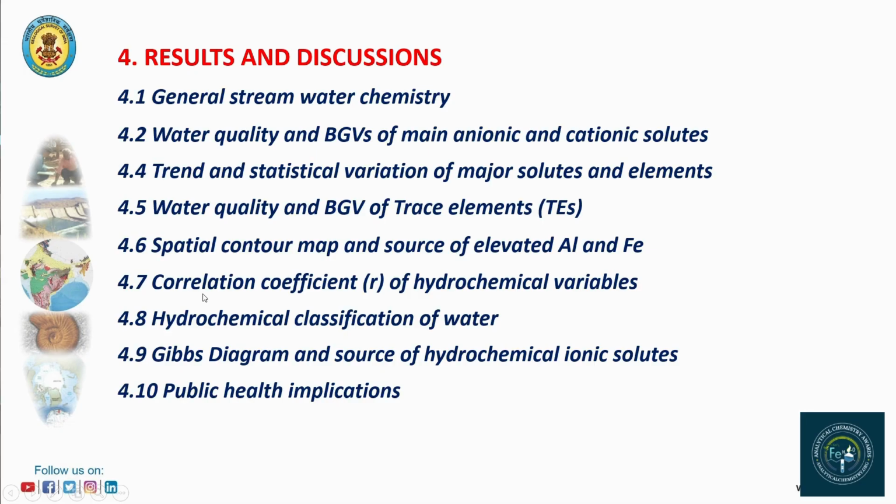Then we have prepared the correlation coefficient and hydrochemical classification of water using the Piper diagram and Gibbs diagram. Also, we have looked at the source of the hydrochemical ionic solutes, and we have discussed the public health implication, if any.